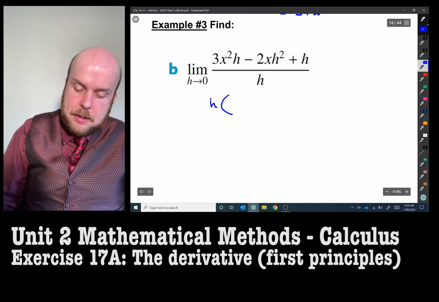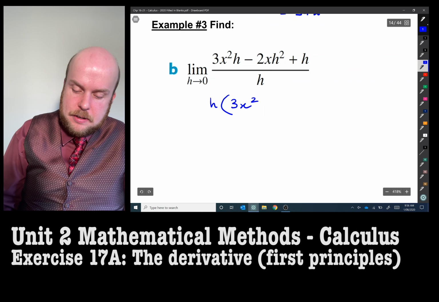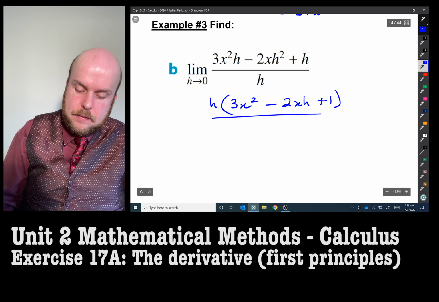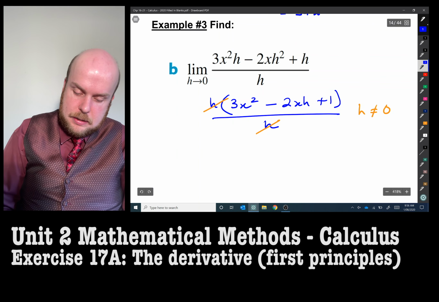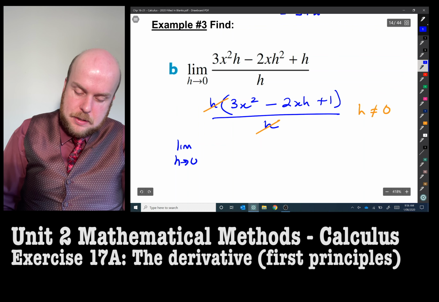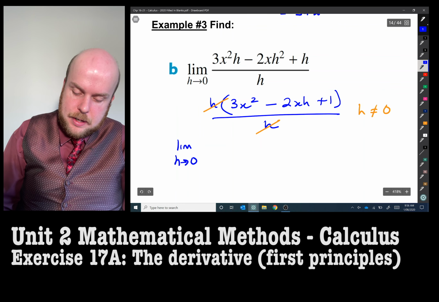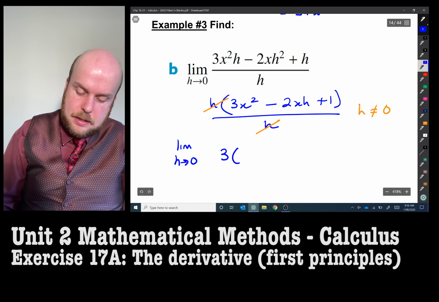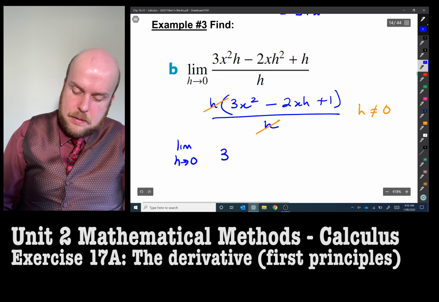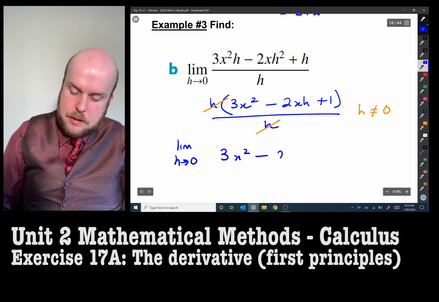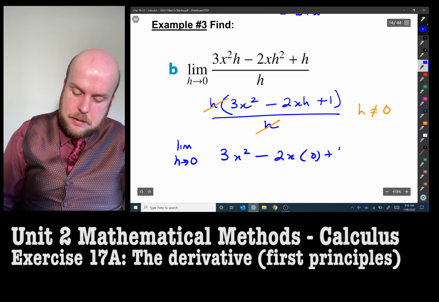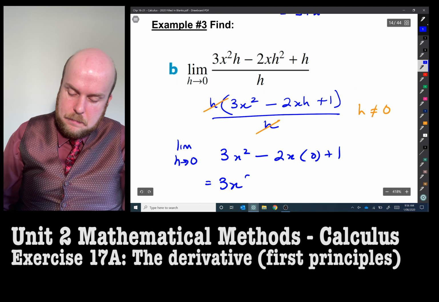But essentially all I'm going to do here is take a common factor of h out. So the limit as h approaches 0 is 3x squared minus 2x plus 0 plus 1, which is equal to 3x plus 1.